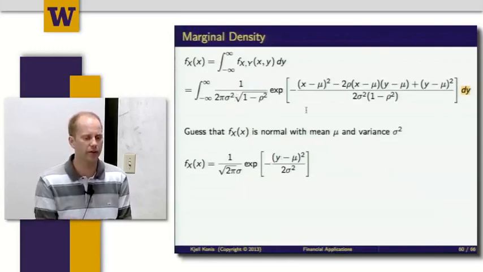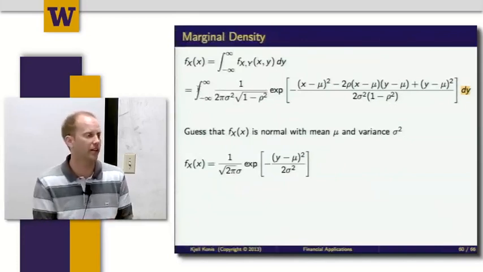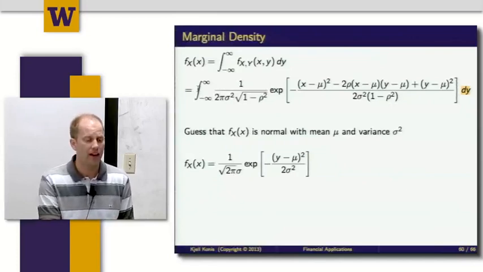So what I'm going to do is factor all of that stuff out of here, move it outside of my integral sign, because if it's constant with respect to y, it can cross the integral sign, and then look at what's left and hope that that's something that I can figure out how to integrate.